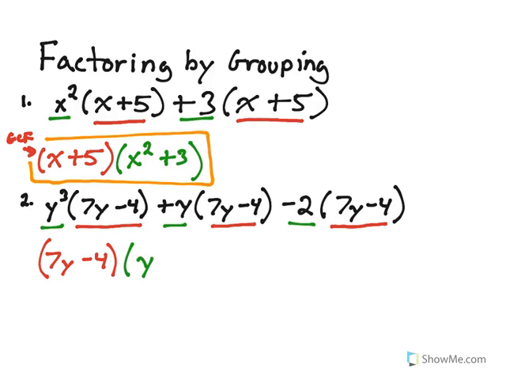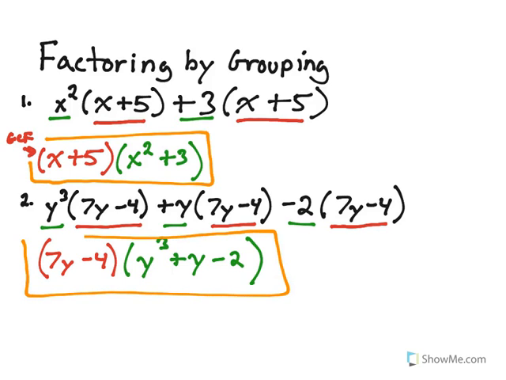That goes in its own set of parentheses, and there you have it. It is factored. If I take the product of these two, I will get my original polynomial back. And that is a 3 here. Okay, so let's do more examples.